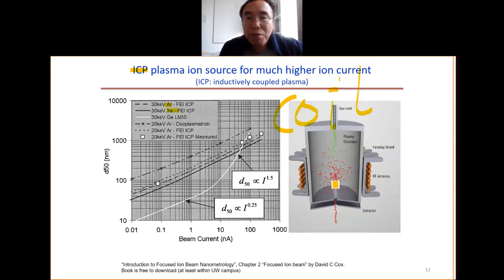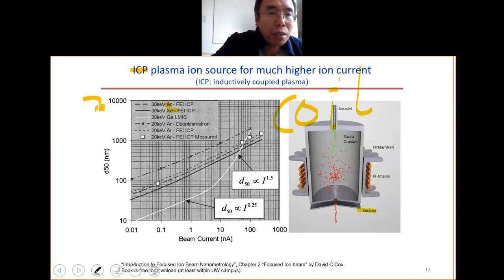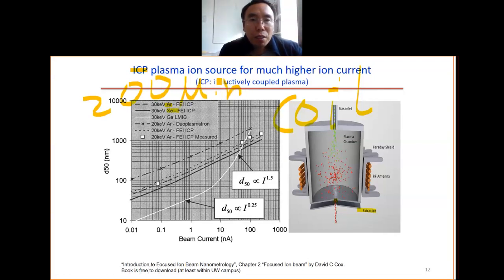So we have the plasma, and there will be a lot of ions. Then the ions will be extracted from here. This is the extractor, and the diameter here is 200 micrometer. This 200 micrometer looks like not a small number, but the virtual beam size is not that big. The virtual beam size is about 10 micrometer.